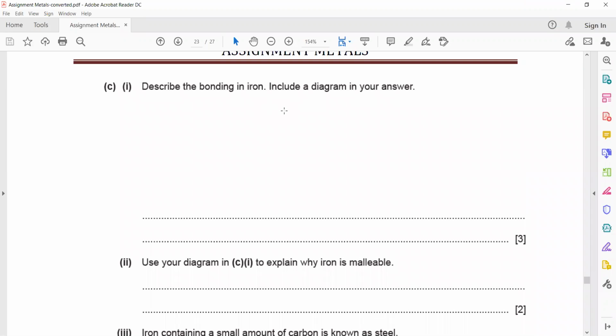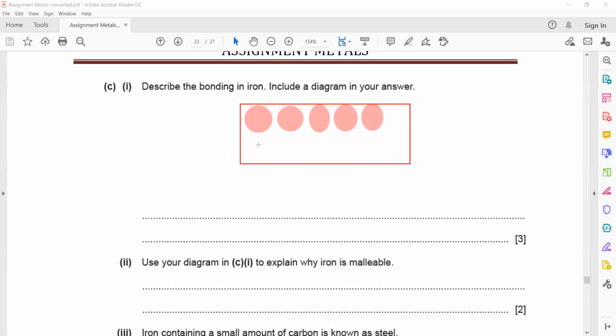Describe the bonding in iron. What kind of bonding is there inside iron? Iron is a metal. Metals have a lattice of positive ions. In the ore, it is ionic, because the ore is iron oxide, which is a compound.